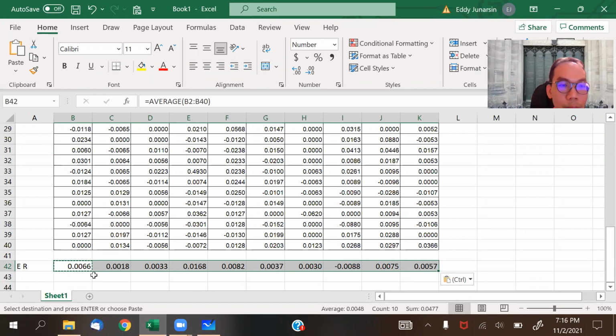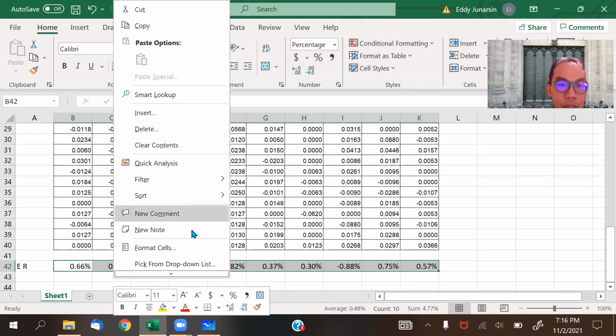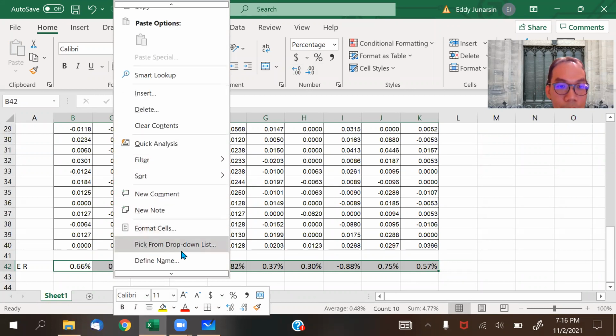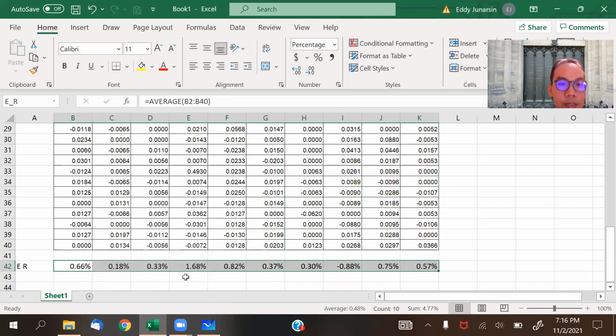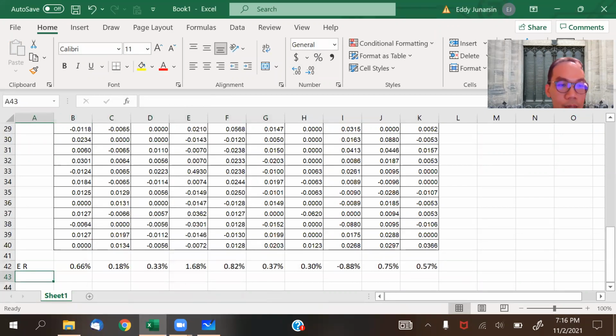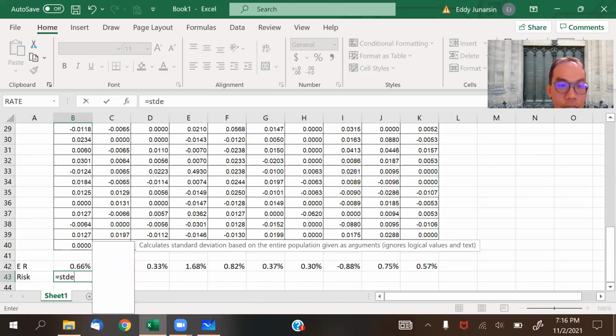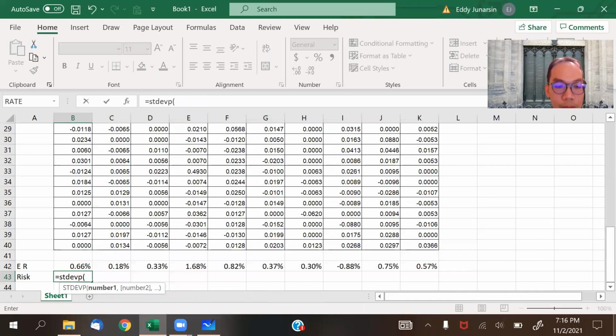To make our life easier, I will give the naming. Define name. I define the name as expected return, or whatever name you want, I will just use E_R. Then as usual, we have expected return, and of course we have risk, and you can use the standard deviation of the population.